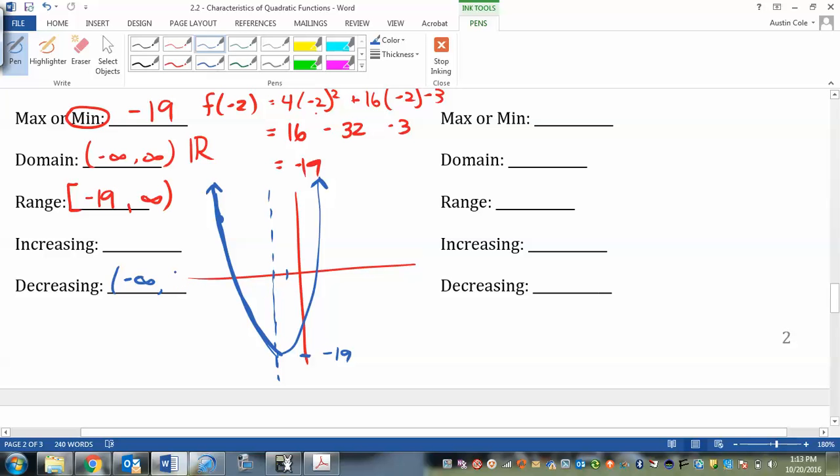To this line right here. What's that line? That was negative 2. Now here's the question: am I decreasing at negative 2? No. At negative 2, I'm neither increasing nor decreasing. So I'm not decreasing at negative 2, so I'm going to have a parenthesis there.